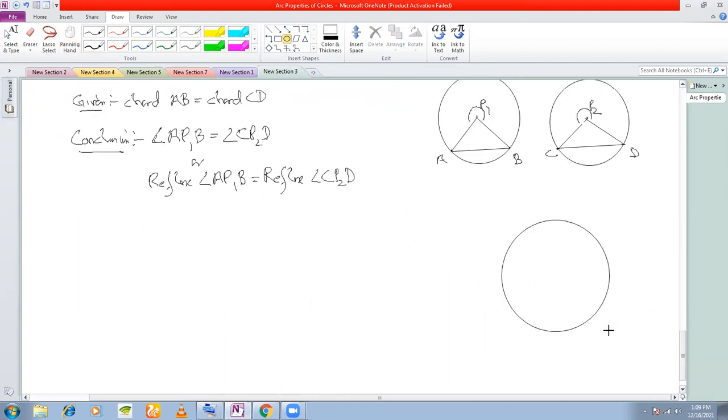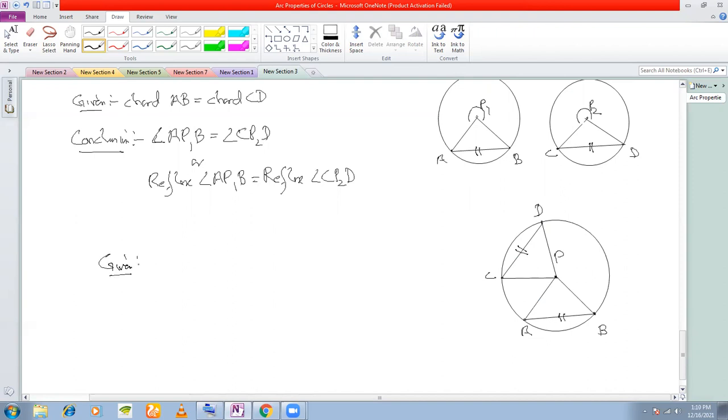In case of the same circle, if you have the center P, and if you have two chords AB, and you have a chord CD here, and you join these two bounding radii, such that here these two chords were given equal.